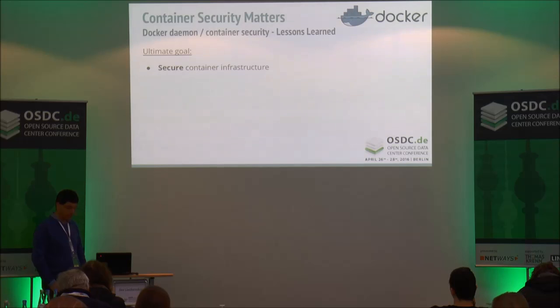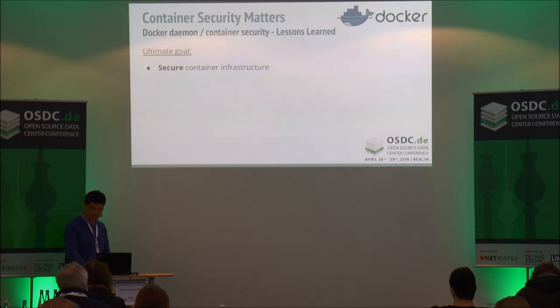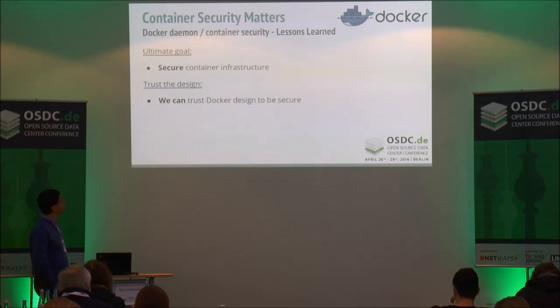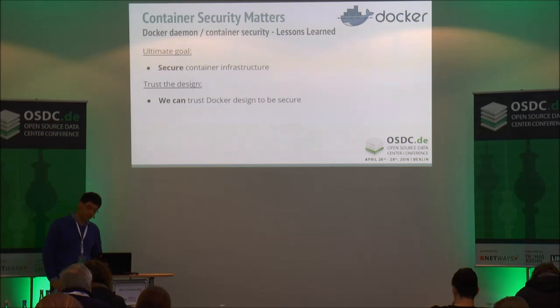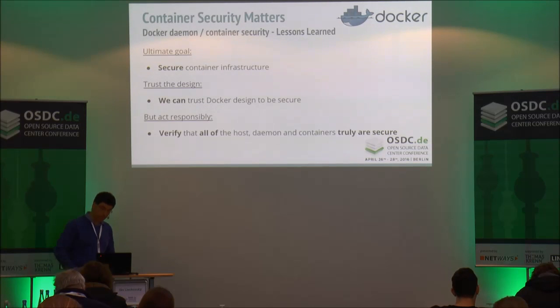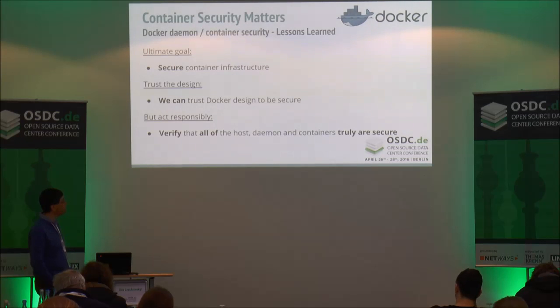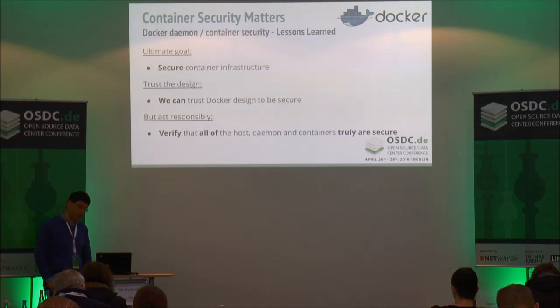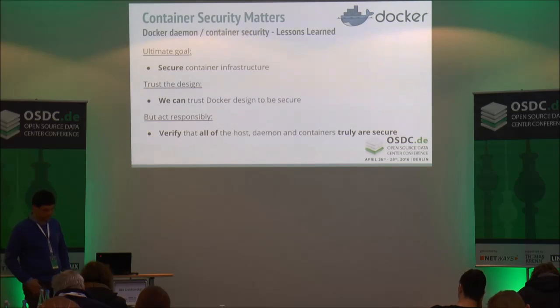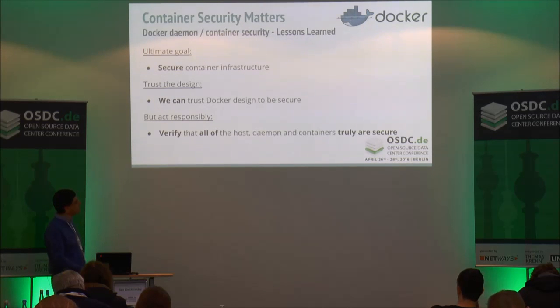I think everyone wants a secure container infrastructure, and we can trust the design and the publisher of the image that they are doing their best to provide the container for us. But it's our responsibility to verify that the image is truly secure: the image, the host hosting the container runtime, and also the daemon.